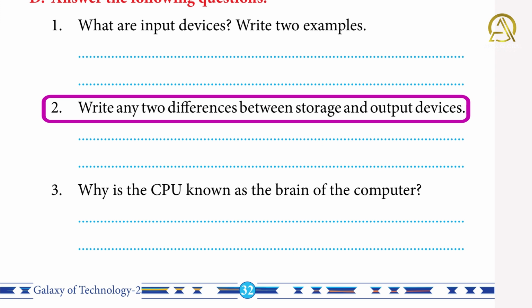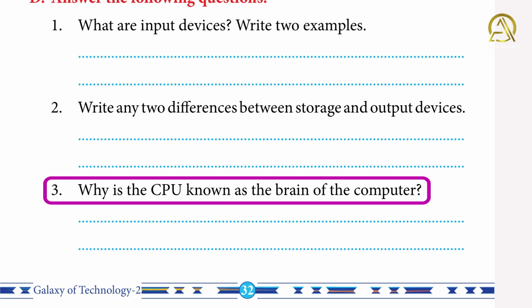Answer: Storage devices are the hardware devices which allow storing data and applications. Output devices are the devices which are used to display, print and show the results after processing. Storage: hard disk, DVD and pen drive are the most important storage devices. Output: monitor, printer and speakers are the most important output devices.